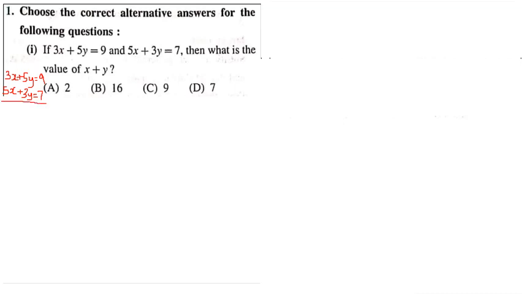So we are adding both the given equations, that is 3x plus 5y is equal to 9, 5x plus 3y is equal to 7.